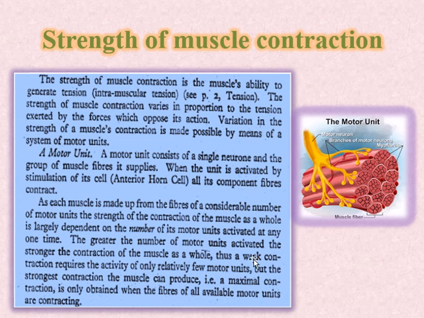The greater the number of motor units activated, the stronger the contraction of the muscle, and if fewer motor units are activated, obviously there is a weak contraction. This is all about strength of the muscle contraction and motor unit.